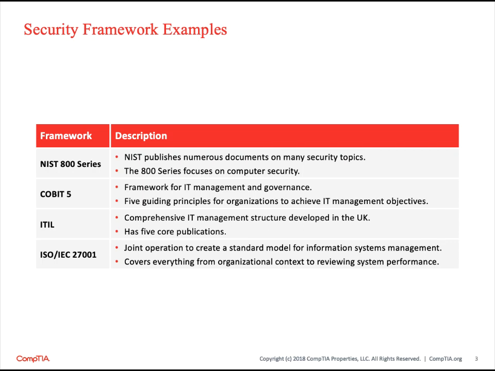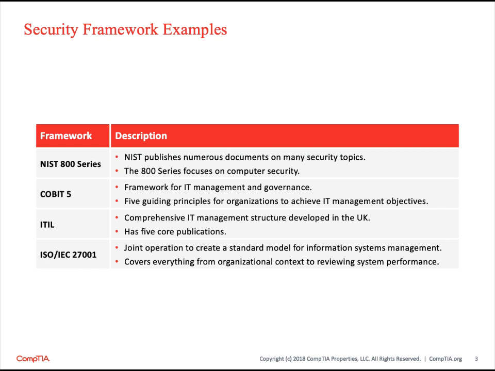After that, we have COBIT 5. COBIT 5 is a framework for IT management and governance, and it's called COBIT 5 because it has five guiding principles for organizations to achieve their IT management goals. And then next up, we have ITIL.